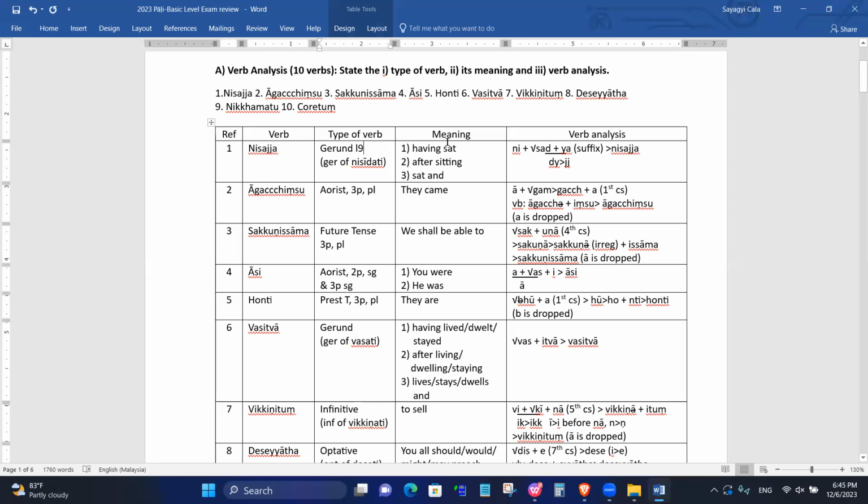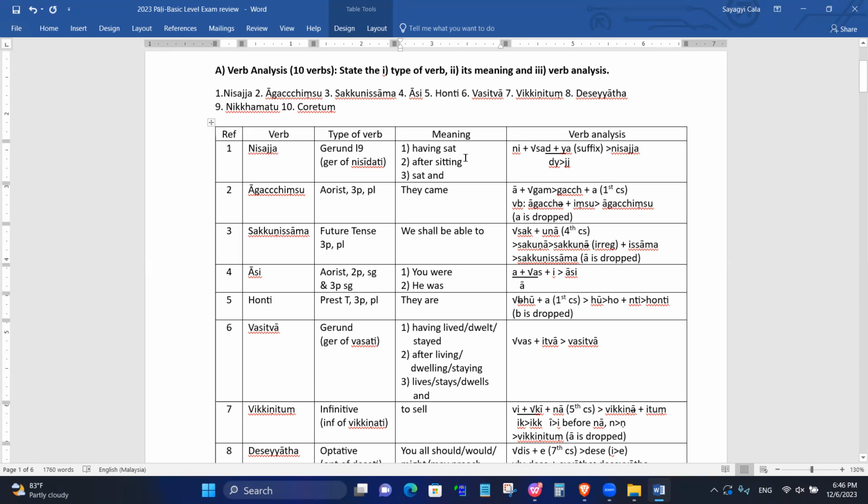So for the exam, if you write like this, it will be neat and tidy and you save the time. And you can double check later. If you have no time, you don't need to write all, because the time is very limited. You can basically write having said or after sitting. Either of these three, you write one, I will accept it.